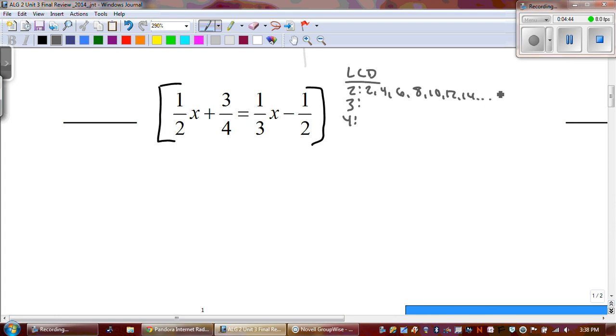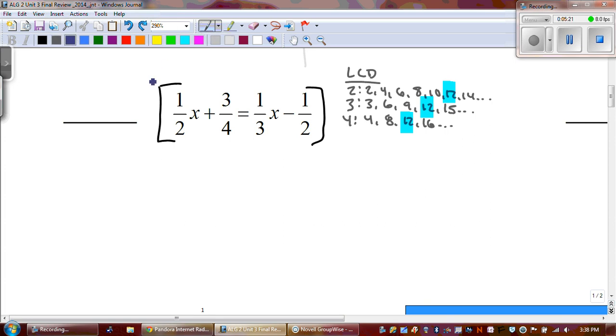We're just going to write down a bunch of numbers until we find some that they all have in common. All 3 of them need to have the same number, and it's 12. I know that some had 6, and you might say, well, they both have 6. But the 4 doesn't go into 6, so it's got to be something that all 3 numbers go into.